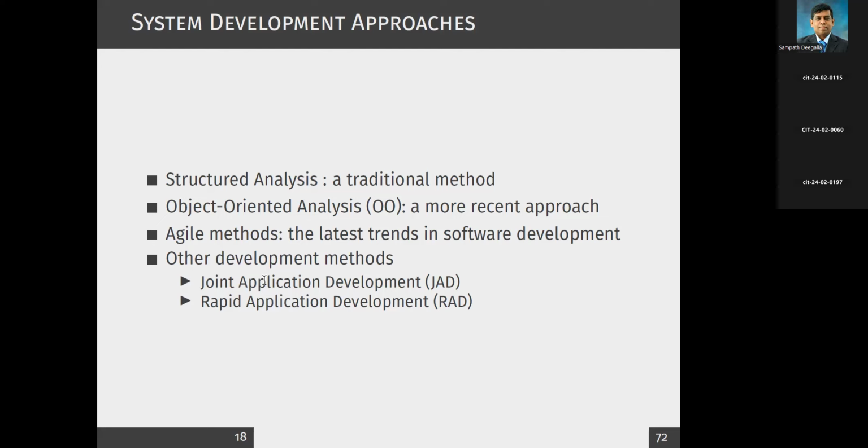That means it iteratively develops the software system. So that's called agile. These are the three common ones, but there are many others like joint application development and rapid application development. Likewise, there are many other development strategies.